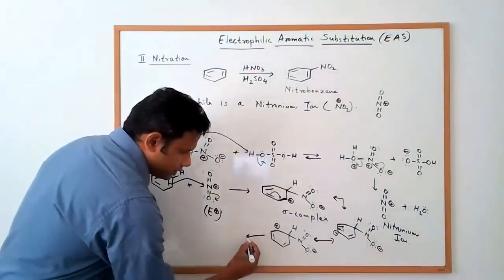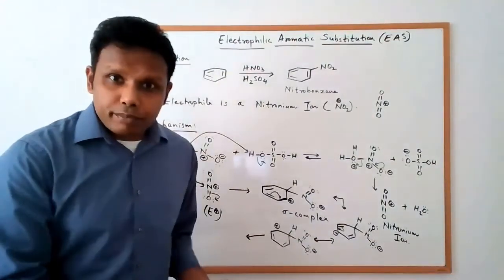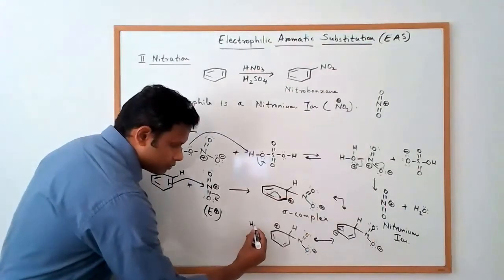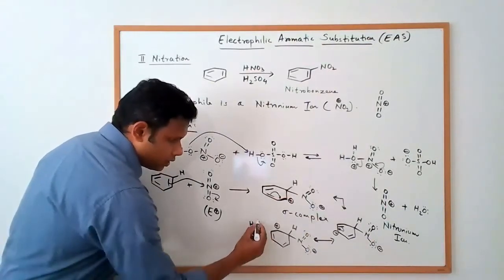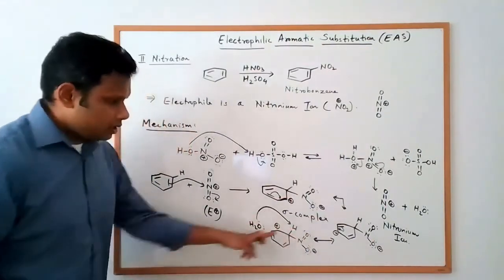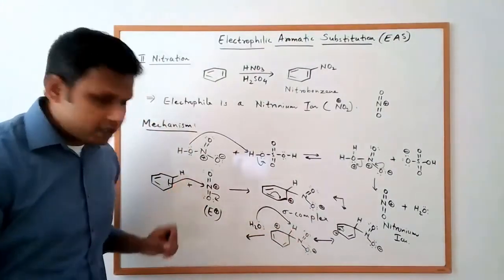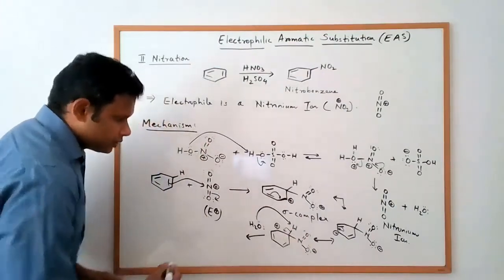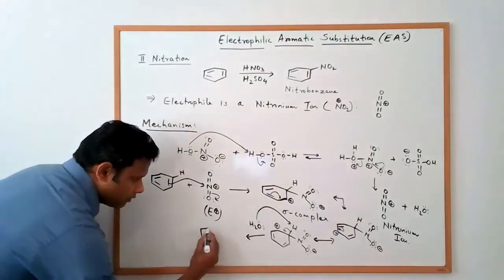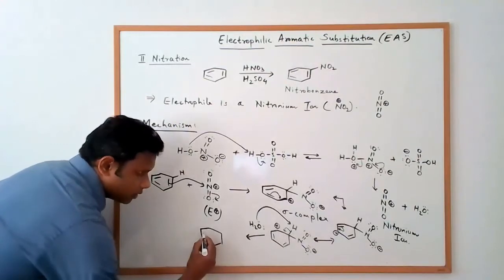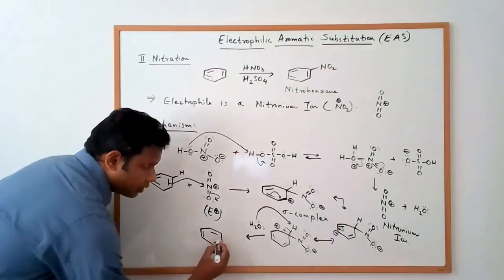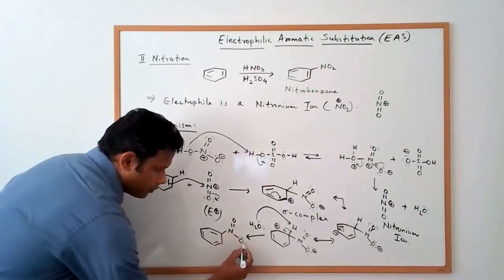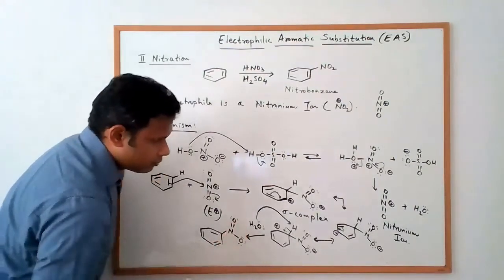And this is where a weak base that is in the system, and for this particular case, it could just be the water molecule, can go and deprotonate that hydrogen from the benzene ring, and the electron pair from that bond falls into the space so that we reform the aromatic ring. So we get the double bond with N double bond O minus.